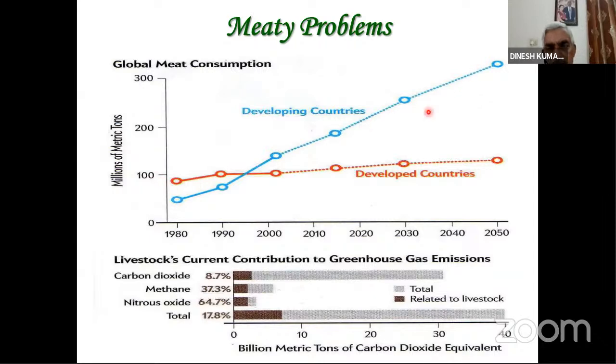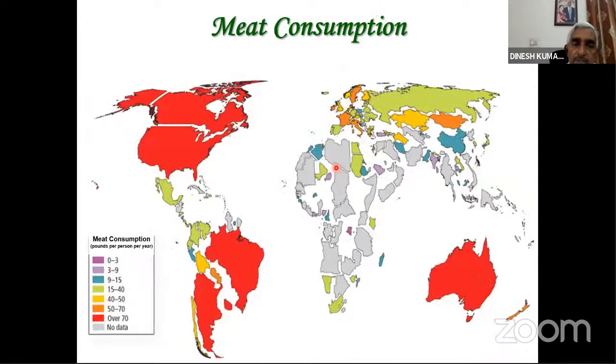of meat consumption. If cattle farming is added to by deforestation, what happens? There is more emission of greenhouse gases, and that will cause harm to the environment. You can see the red portion is 70 pounds of meat consumption all over the world. It indicates the amount in pounds of meat production and consumption.